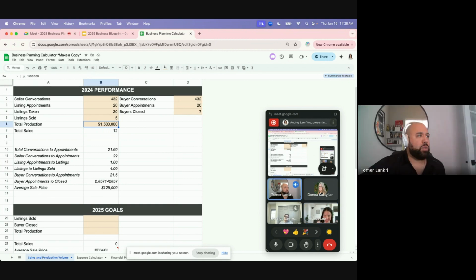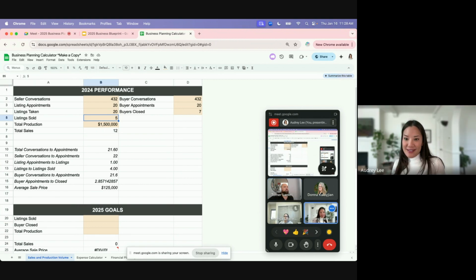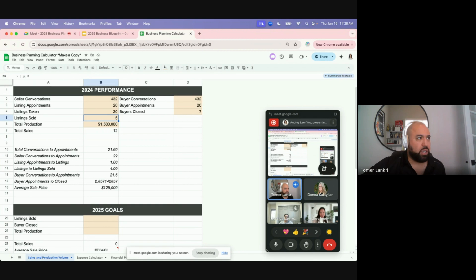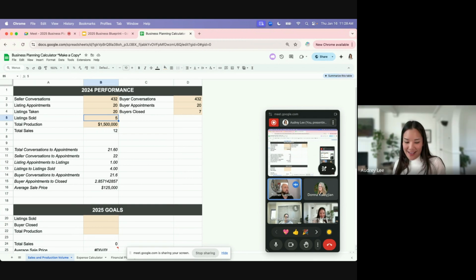Okay, let's see. Residential 6. Let's see. Inventory summary. So you only care about the sales, not listings, right? Just the listings that you sold. Just the listings for sale. Okay. Yeah. Let's see.